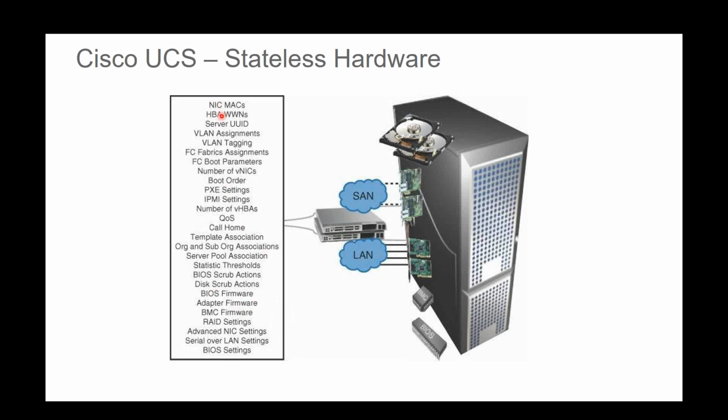UCS uses VICs, or virtual interface cards, that use VNTag, which Shane talked about with FEX, I believe, to basically create virtual NIC instances and virtual HBA instances on that VIC card that communicate back over the unified fabric to the Fabric Interconnects.